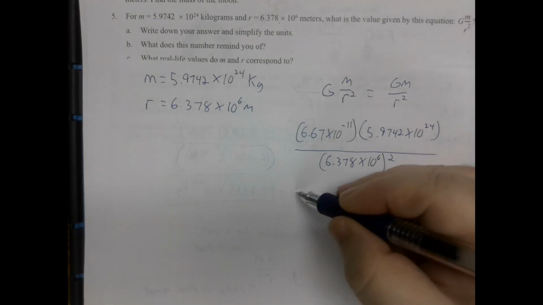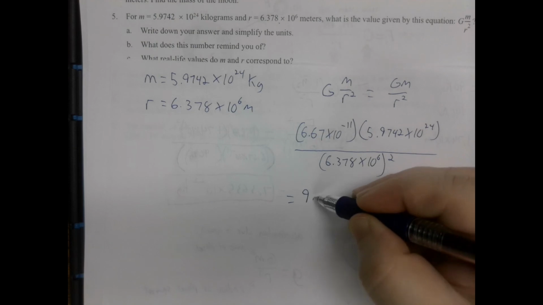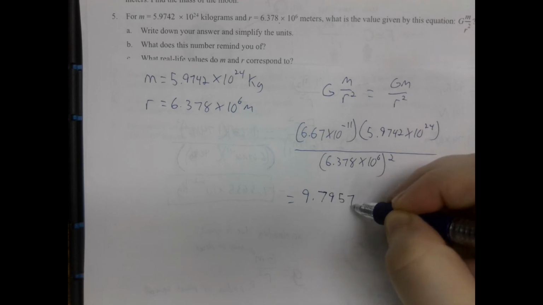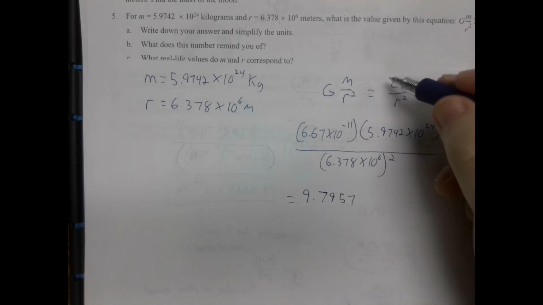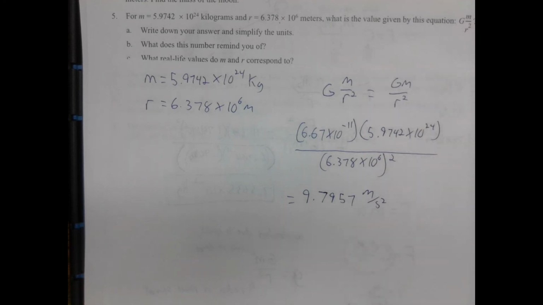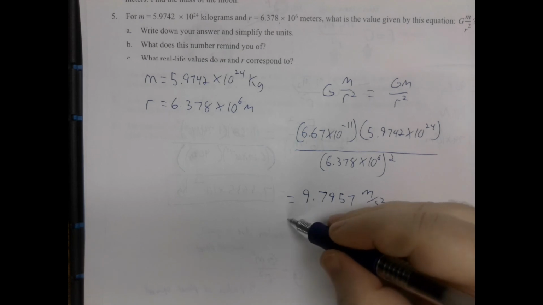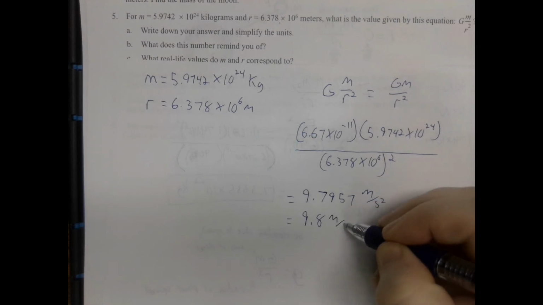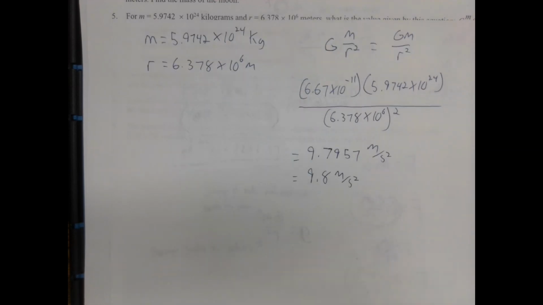We get a value of 9.7957, and the units for this part are meters per second squared. This can round to 9.8 meters per second squared. This is the acceleration of gravity on Earth.